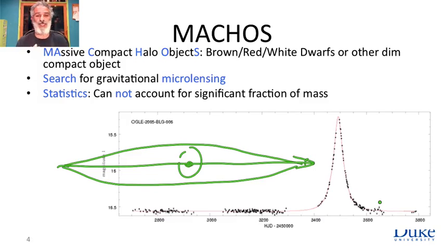In fact, no more than 10% of the missing mass of the Milky Way could possibly be explained by MACHOs. So there may be some neutron stars, though it's not clear how they got out there into the halo, and there may be some compact halo objects, but certainly that is not the answer to the missing mass puzzle. So what is it?